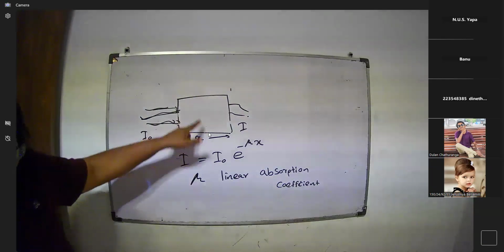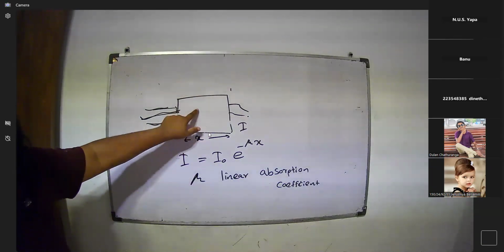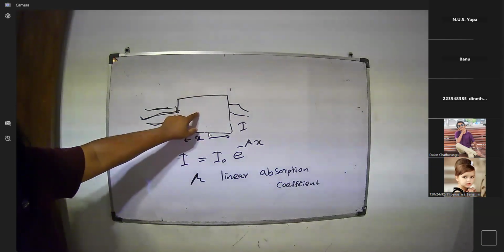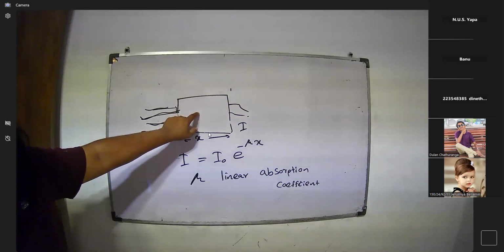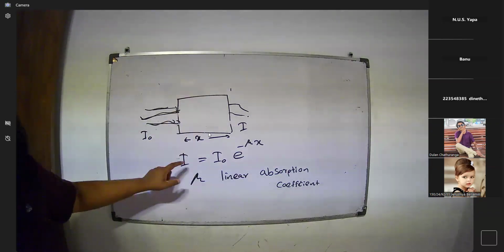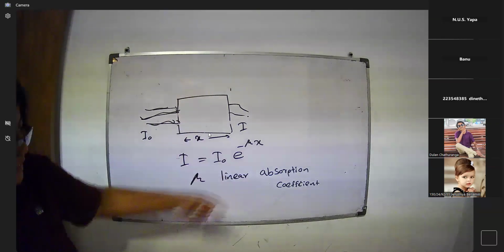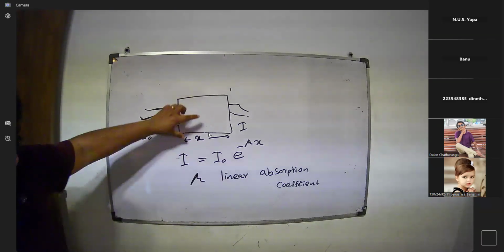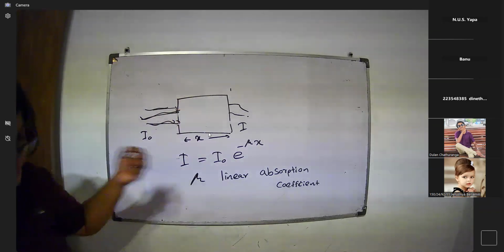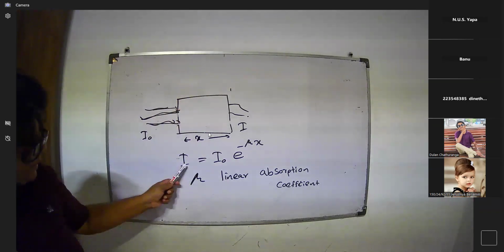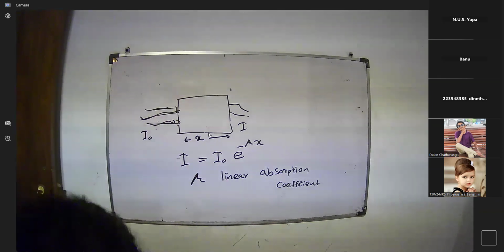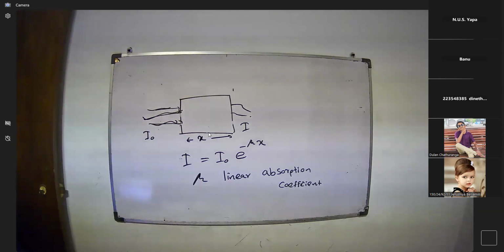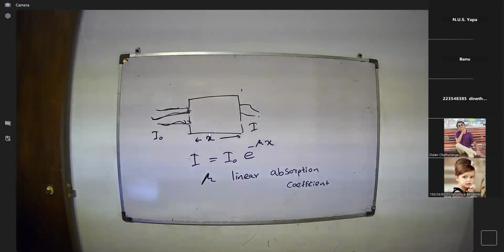It depends on the absorbing material. For a given material, the mu value depends on the energy of the radiation and the type of interaction. So I equals I naught e to the power minus mu x, where x is the length, and the intensity reduces from the previous value. You can follow pages 30 and read to get the idea.